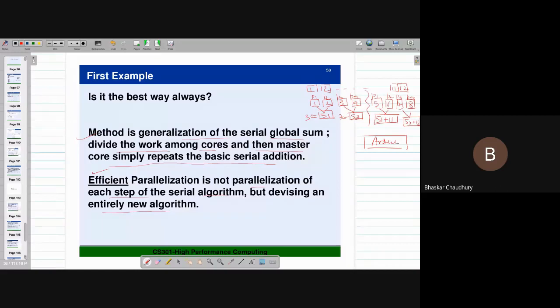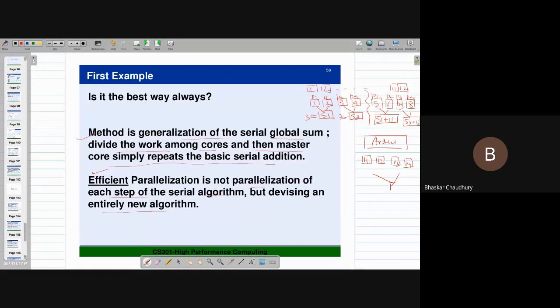Do all of you agree? Is there anything wrong in this design as far as accuracy is concerned? You are finally going to get the answer, right? Yes, sir. The only thing is, at the last end, if you look into the design, P1 and P2 collaborate, and P3 and P4 collaborate, storing in P1 and P3.